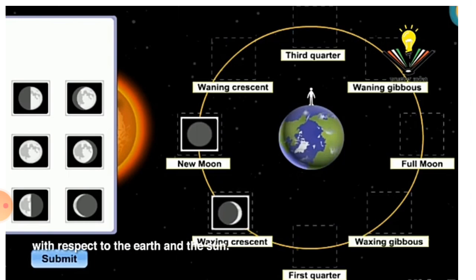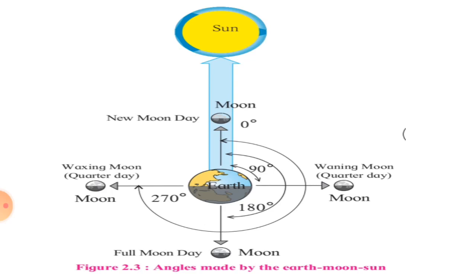Here the different phases of the moon is given. It shows the relative position of the moon on both the quarters, the full moon and the new moon days, with respect to the earth and the sun.